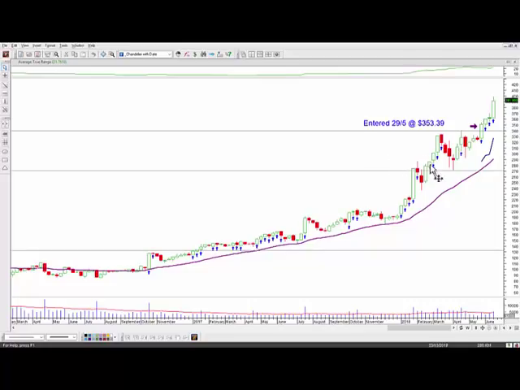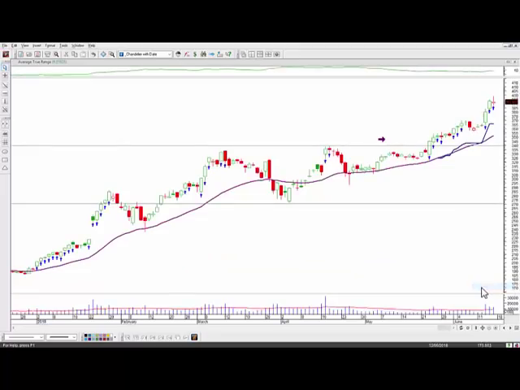It's been healthy for quite some time, and then it took a pause of that trend. And if you go to the daily chart, you can see how that trend paused in here, and it built up some support here at 270 and some resistance at 340. So when it broke through 340, that was when I entered into it. It was making new highs.